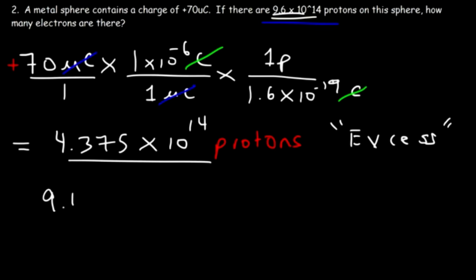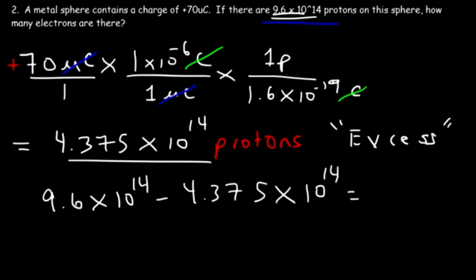So it's 9.6 times 10 to the 14 minus 4.375 times 10 to the 14. And that's going to give us how many electrons are present on this sphere. So the answer is 5.225 times 10 to the 14 electrons.